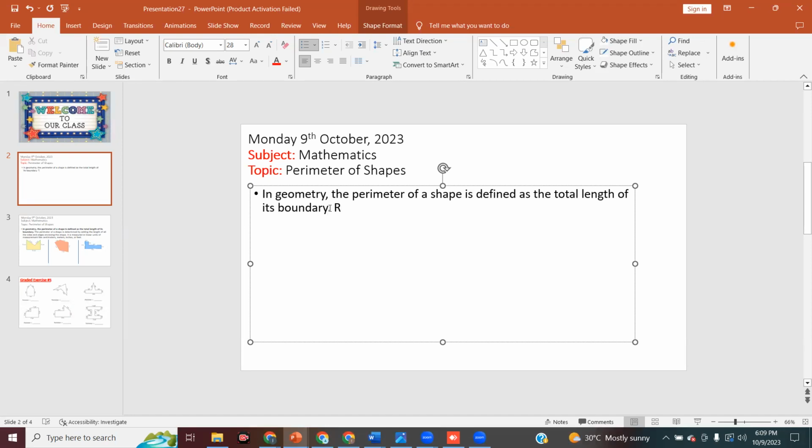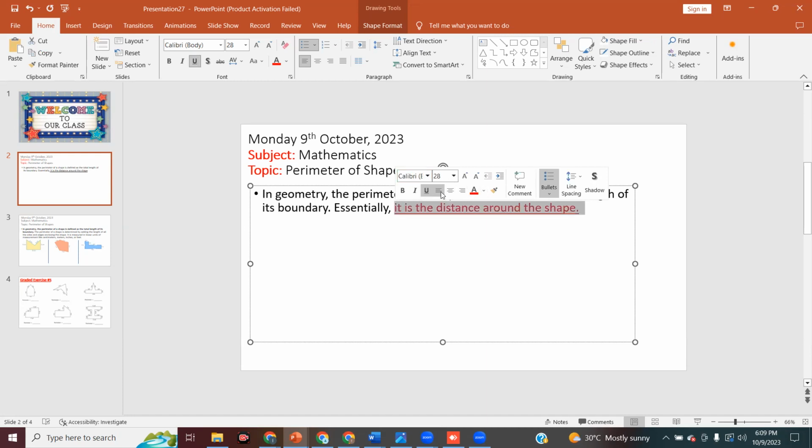Essentially, it is the distance around the shape. That's what the perimeter is, the distance around the shape.